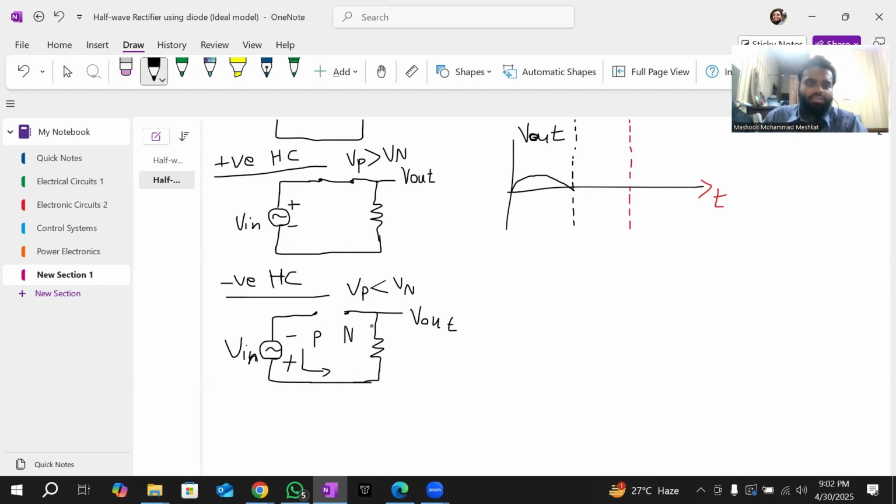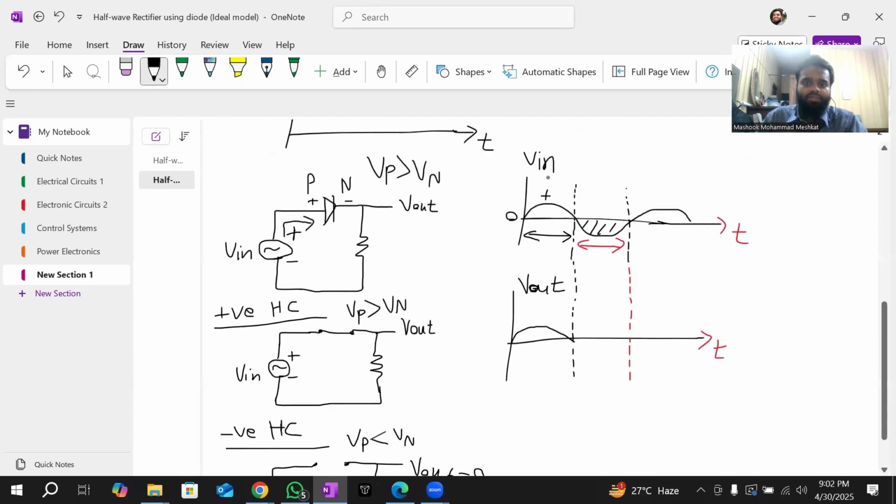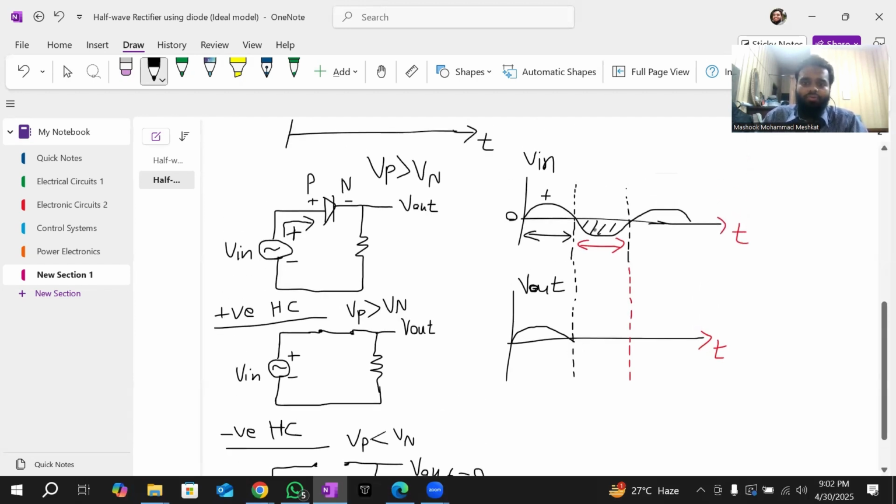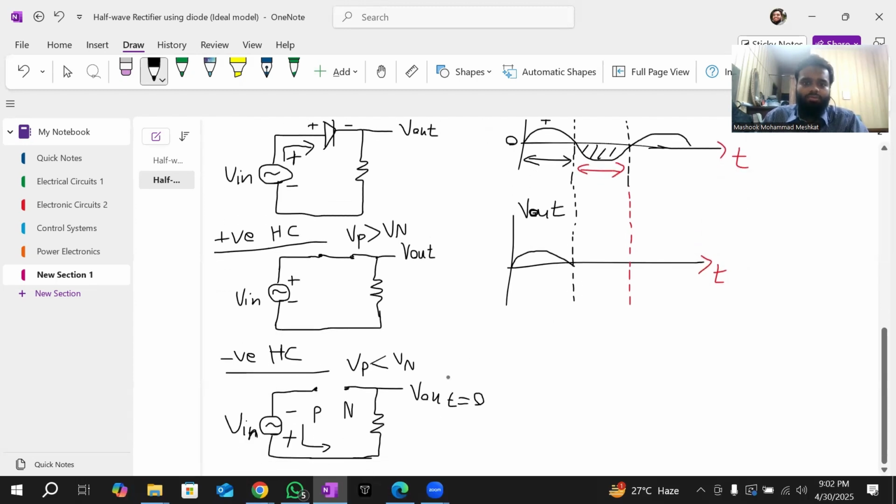In this case, as this is open, my VR becomes zero, and this is for the negative half cycle. That means for the negative half cycle, when my V in is negative, the diode becomes open circuit, obviously in the ideal diode case. So no voltage passes through to V out. No current goes through V out. That means my voltage is actually zero.